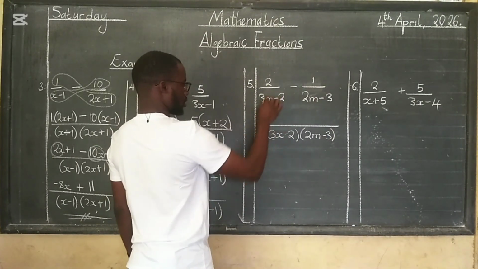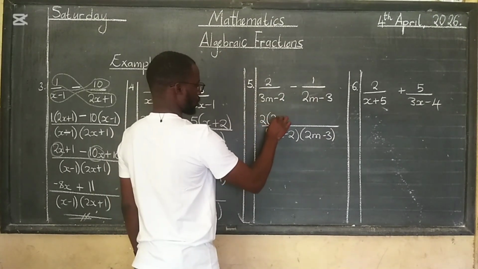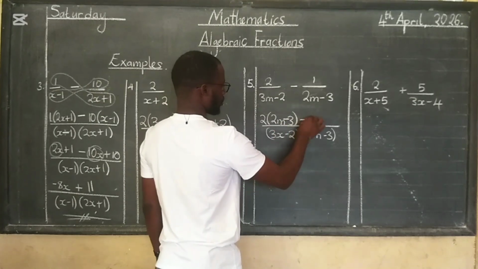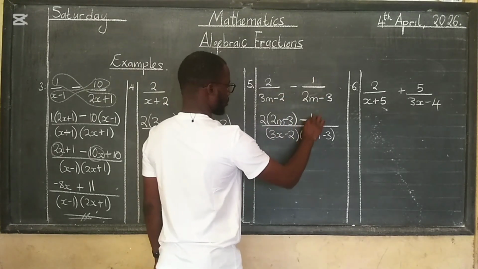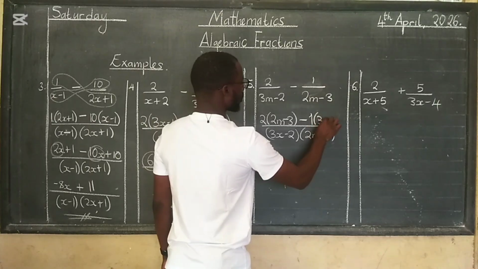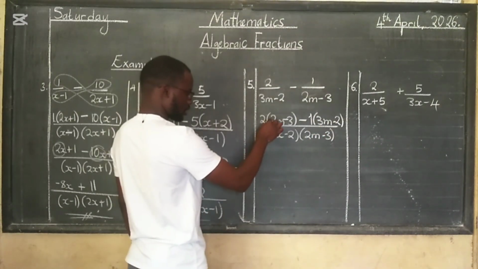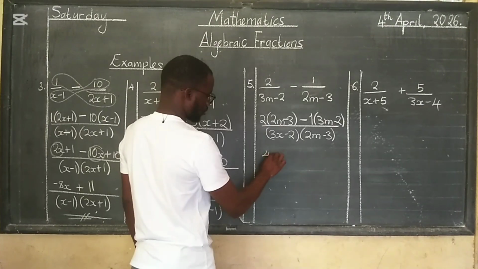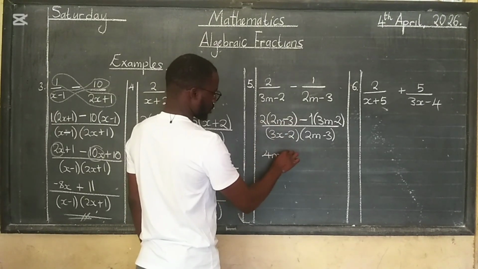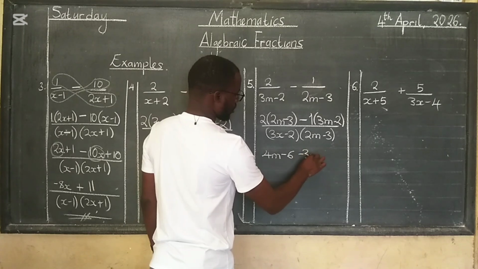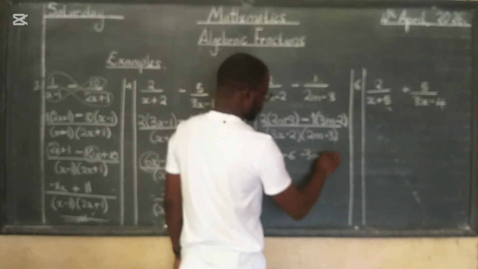Then this is going to be 2m minus 3. Then here I put the minus, this is going to be 1, 3m minus 2. Distributing the 2, this times this, 4m, this times this, minus 6. Then here, this times this, minus 3m, this times this, plus 2.